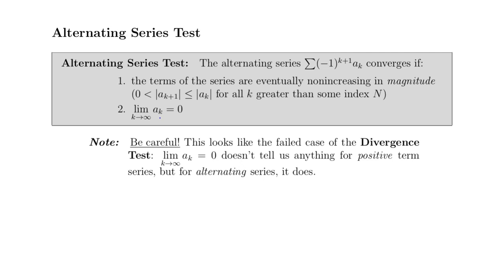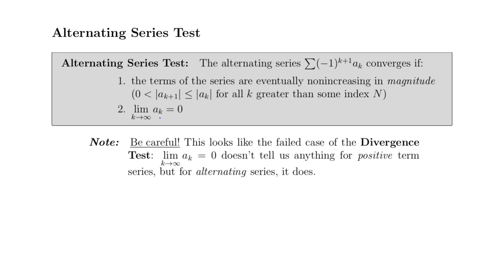So first off, let's just be careful here. This looks like the failed case of the divergence test. The divergence test was the very first test that we found. And we said, hey, if the terms don't go to 0, that means your series diverges. And we said, if the terms do go to 0, we don't know anything.